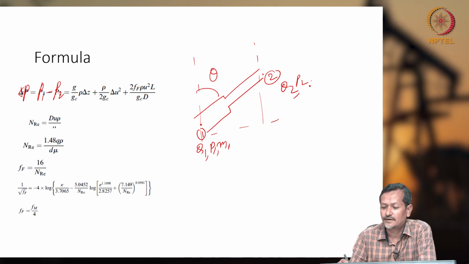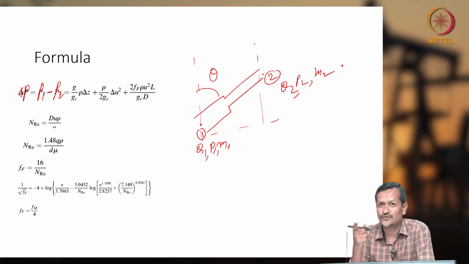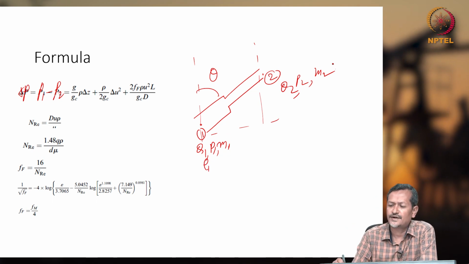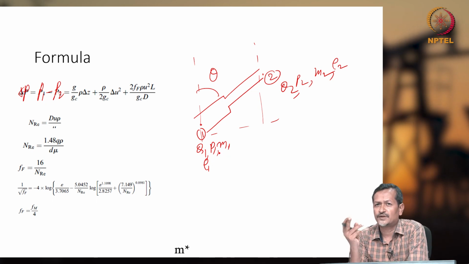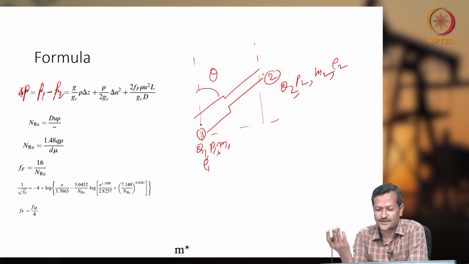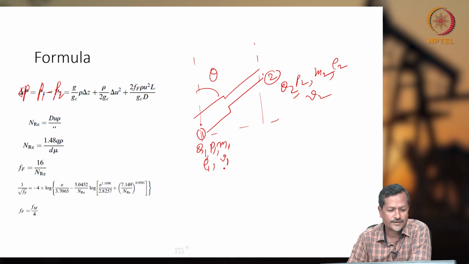Mass flow rate. We are assuming single phase liquid flow, so mass flow rate must be the same. We are assuming density almost constant, so rho 1 minus rho 2 will be 0, mass flow rate will be constant, Q will be constant. What will be changing? Velocity will be changing. And what other terms are there?